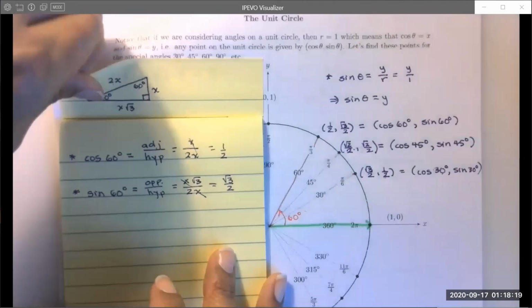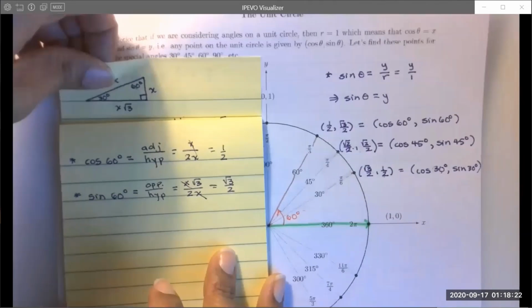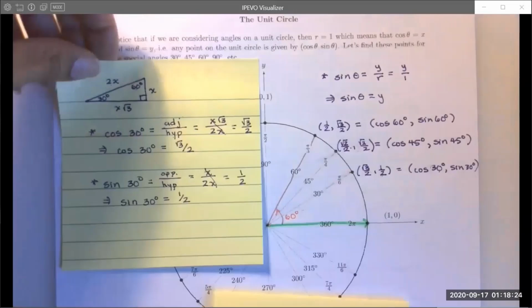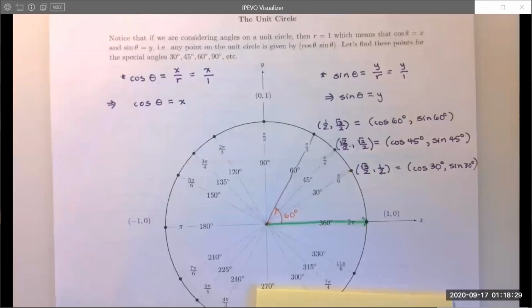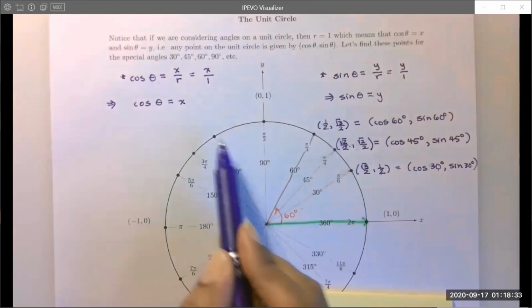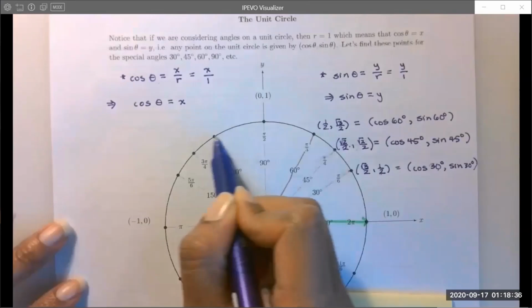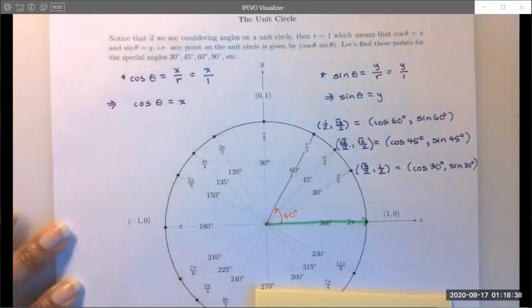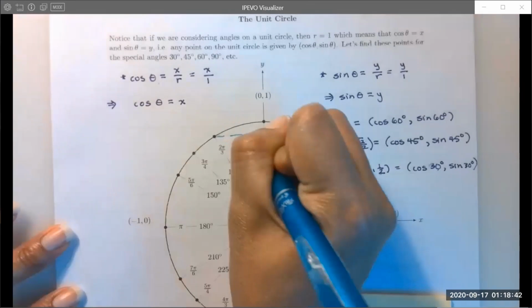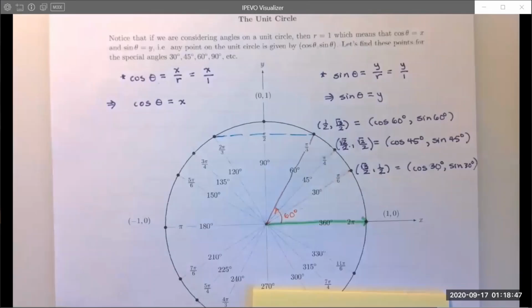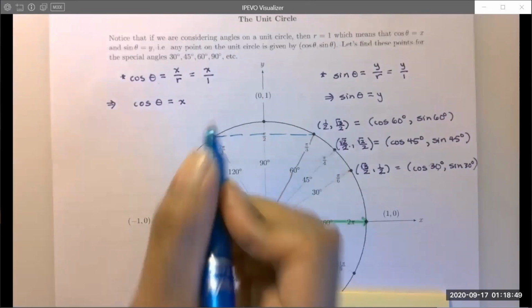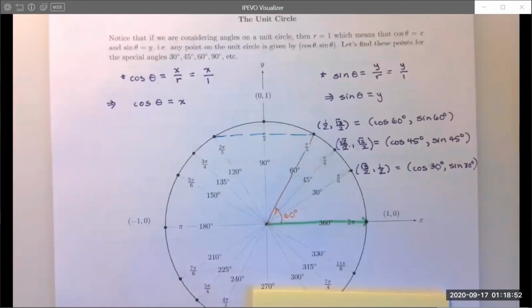Now to find the other points, we don't necessarily have to be drawing these triangles all the time. So for instance, for 120, I see that 120 is at the same height as this point of 60. They're at the same height. If they're at the same height, what coordinate do they share in common?